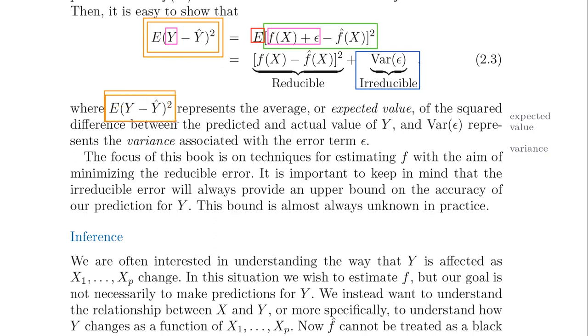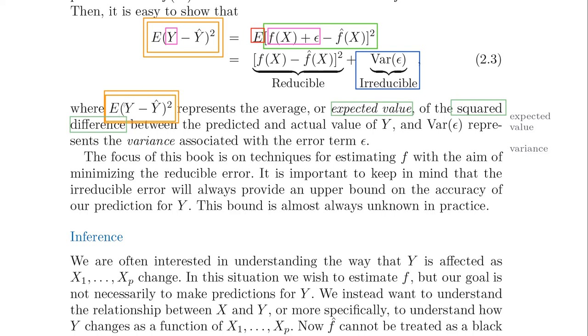This represents a very important measurement in statistics, the expected value of the squared difference. Now, you may be asking, why take the squared difference? Why isn't subtracting good enough? Because we like things that are positive.